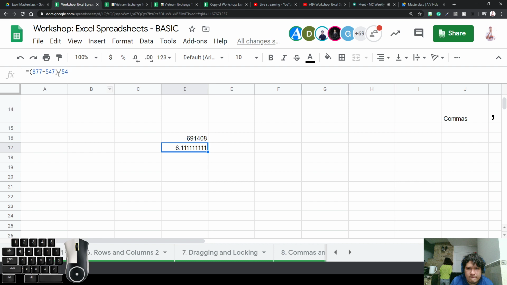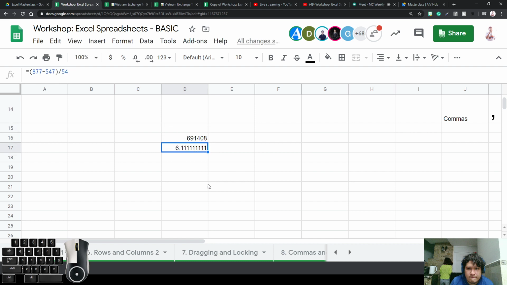As you can see, I put everything in the brackets, because if I remove the brackets, what's going to happen? The division is going to happen first. Oh, sorry. So C is a completely different number, because it first divided 547 by 54, and then later it did the minus. So I don't want that.